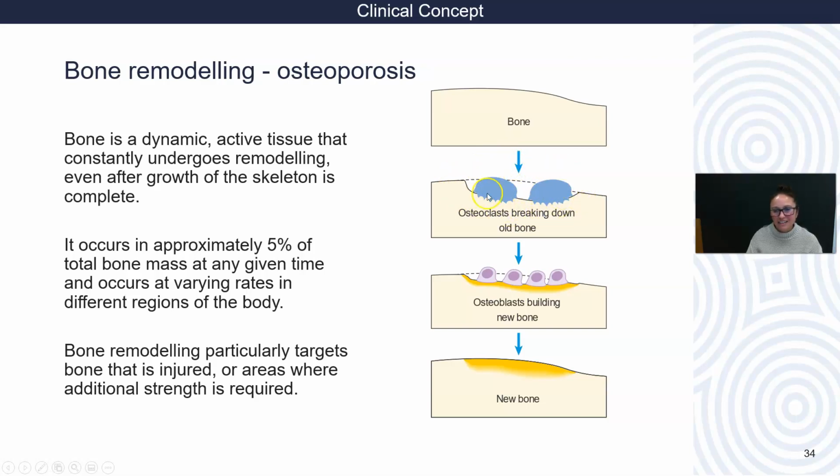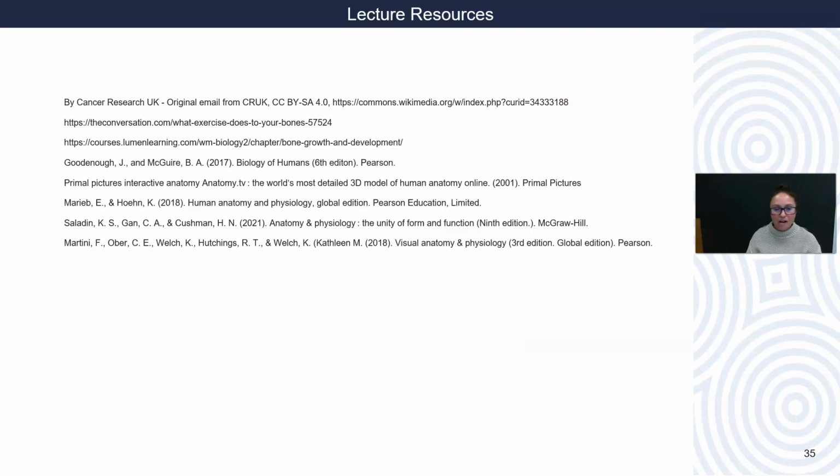Normally, you break down as much bone as you build. But with osteoporosis, for whatever reason, you are breaking down more bone than you are building. So your bone is getting weaker. There are many different reasons for that, but the bottom line is use your bones or else they will disappear. Okay? And that's it. I hope you enjoyed that.